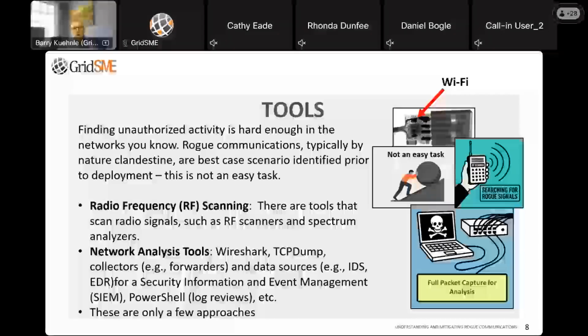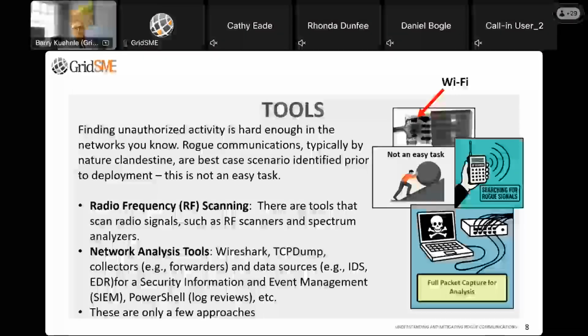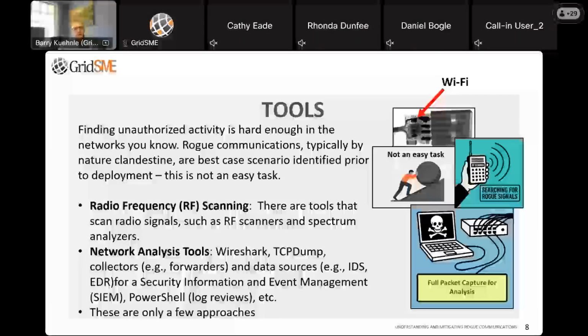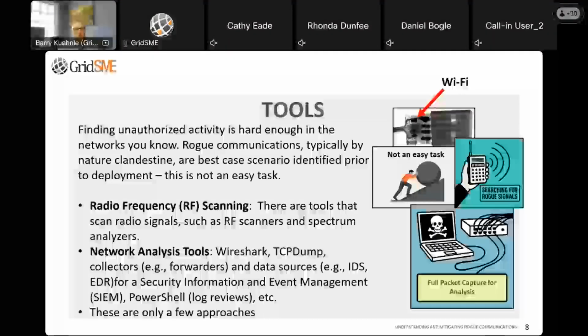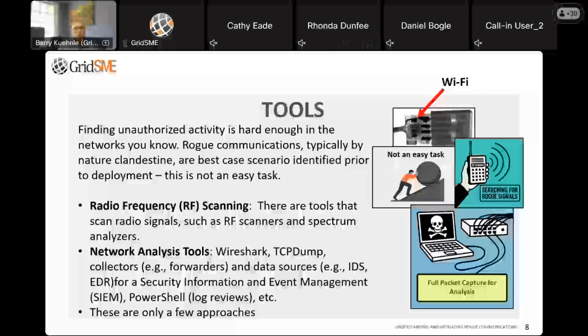Another type of tool that you could use is your spectrum analyzer. The spectrum analyzer is very similar to an RF scanner, but the spectrum analyzer is very visual. What it does is it looks for the frequencies. You can see signal strength, and you can narrow it down from that perspective as well. I typically have not used these tools for a long time.